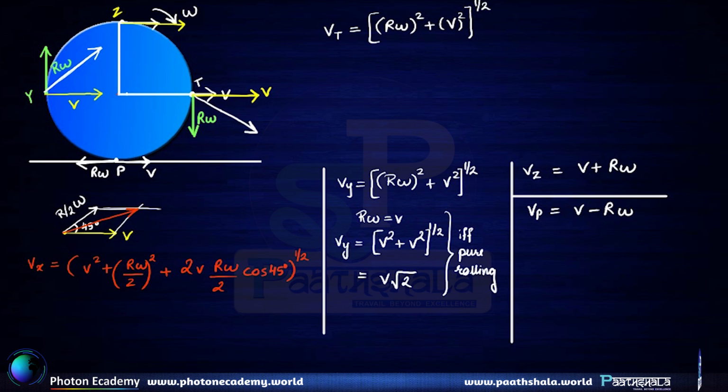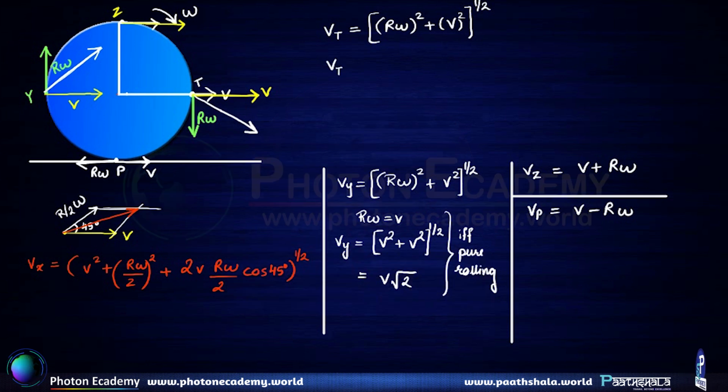So this is the velocity of point T. Again, if and only if pure rolling is happening, then this condition will repeat and v equal to r omega will take place, and velocity of point T will be equal to v root 2, or will be equal to r omega root 2, because v is equal to r omega. So this again happens if pure rolling.